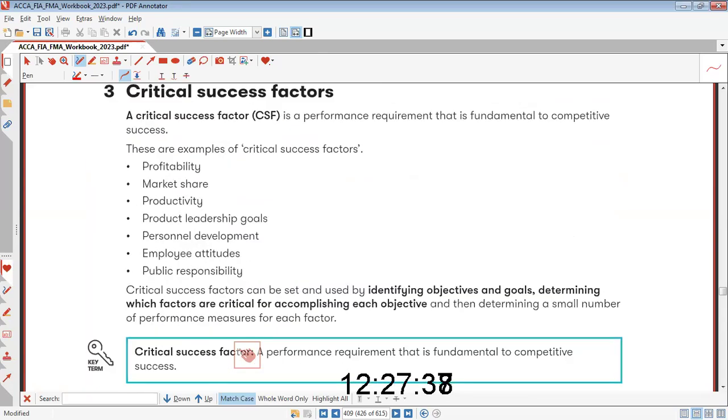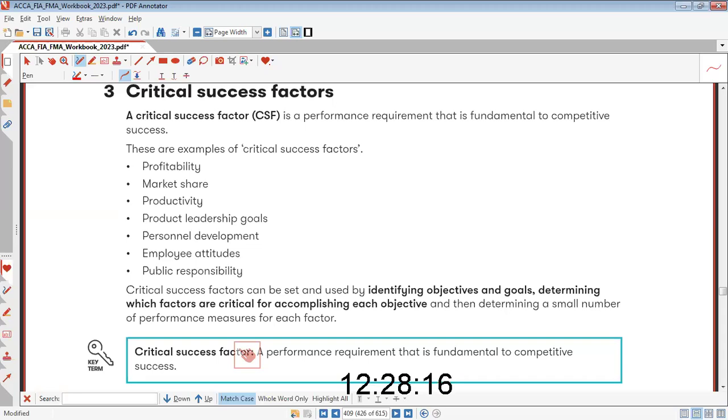Then critical success factors, these are a requirement that is fundamental for competitive success. For example, as a student, what do you think is your critical success factor? Passing papers, okay? So you need to be able to demonstrate to people that you have the ability to pass the paper. That is what indicates that you understood MA. These other things you can explain to people, you can preach MA, but as long as you can get 50% and more, we can't tell that you understood MA.